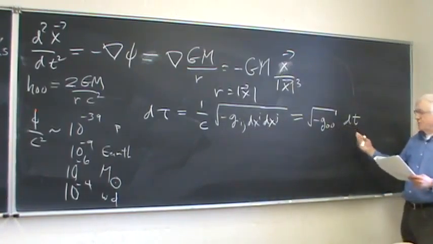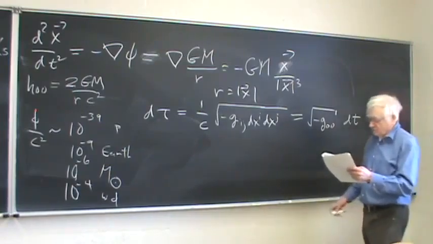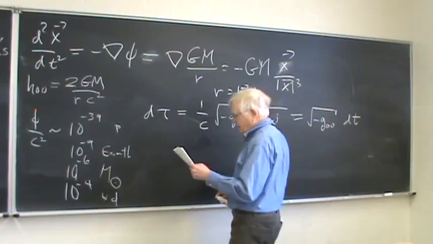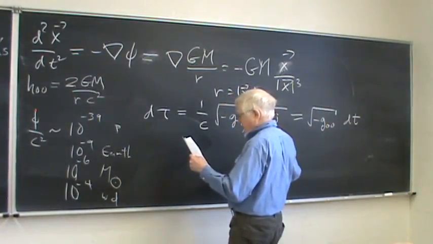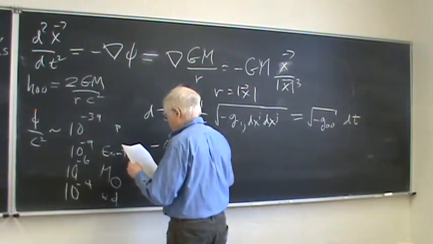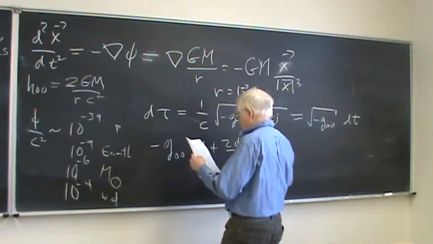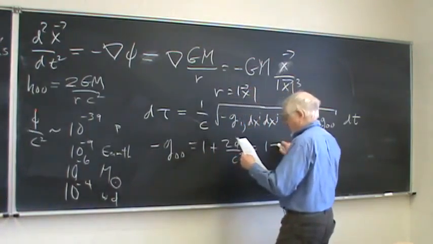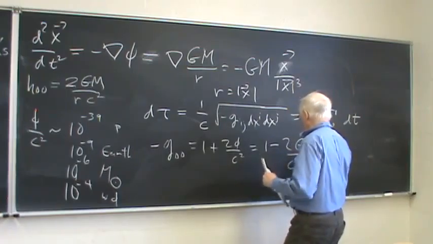Okay, and so what's going on here? Well, minus g00 is 1 plus 2 phi over c squared, or 1 minus 2GM over c squared r.